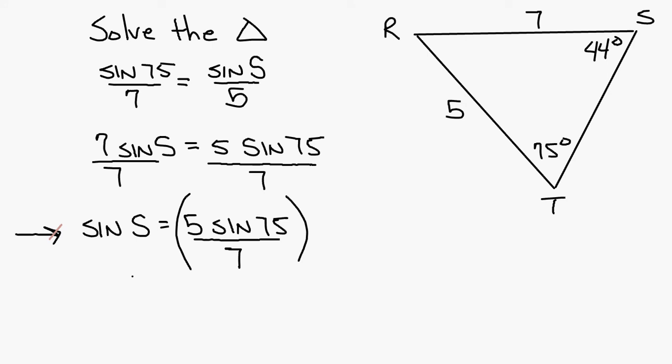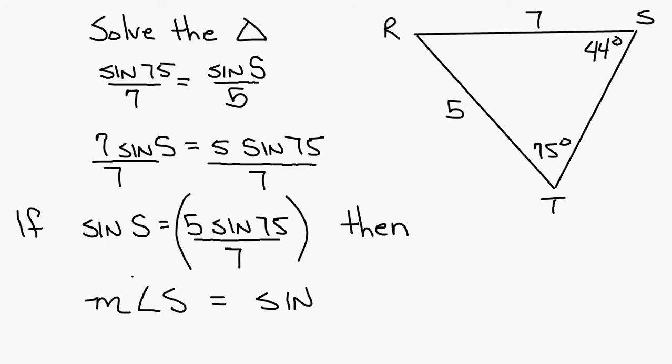Let's say that if the sine of angle S is equal to what's in the parentheses, then the measure of angle S will be equal to sine -1 of 5 sine 75 over 7.